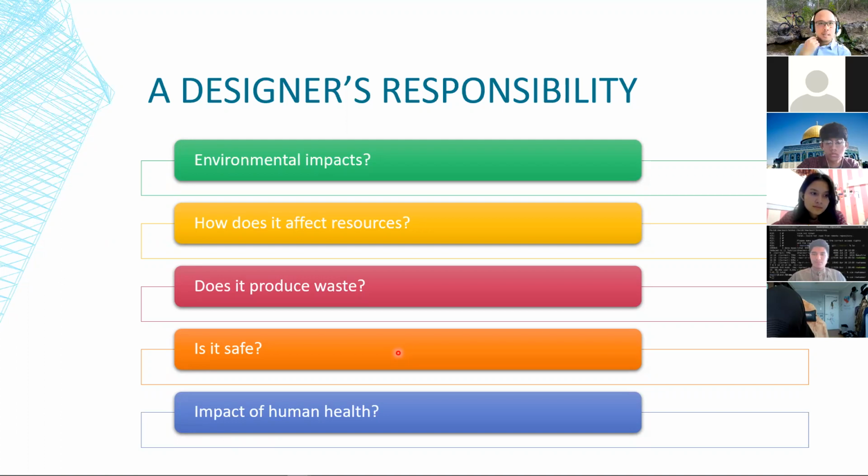There are some fabrics that are flammable, that catch fire very easily, and other fabrics that don't. So, are you willing to put someone's life at risk to pursue that certain image? So, is it safe?